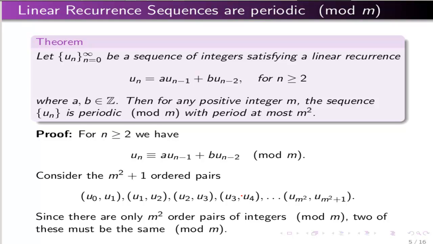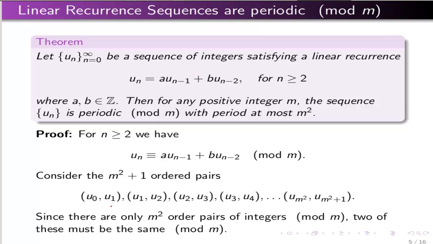And I want to view these ordered pairs mod m. So there's only going to be m choices for the first entry, m choices for the second entry. And I've written down a collection of ordered pairs.